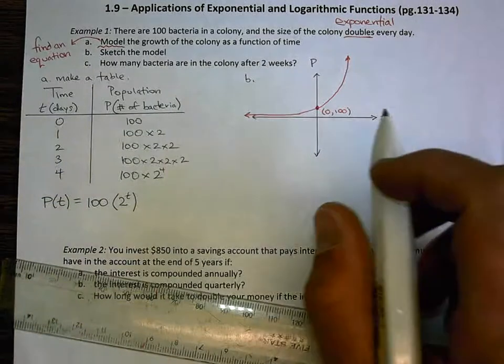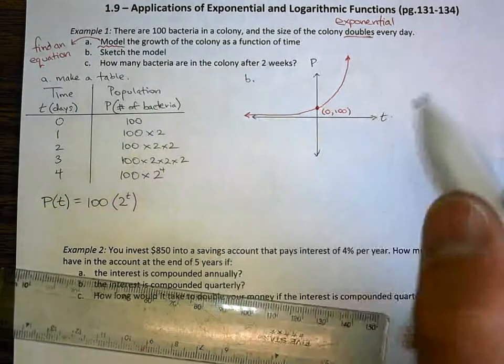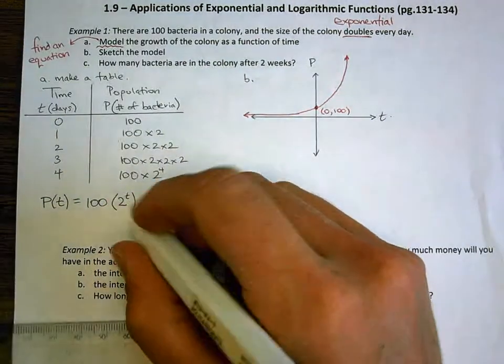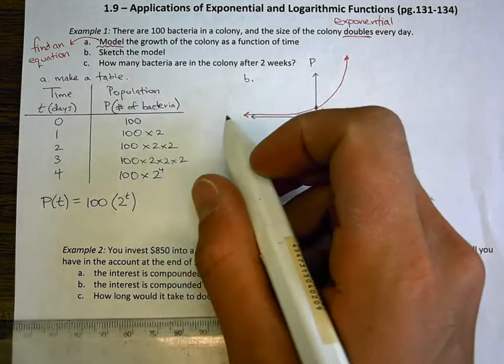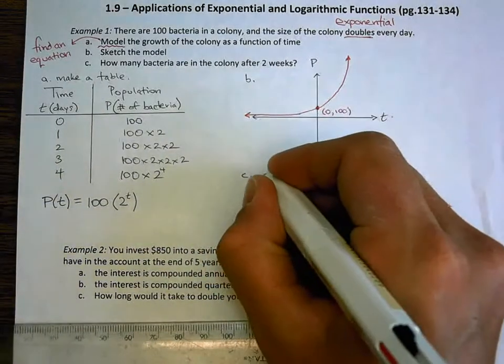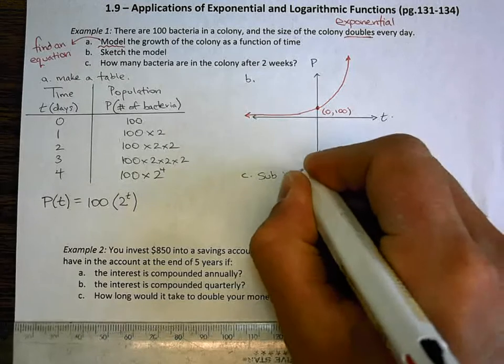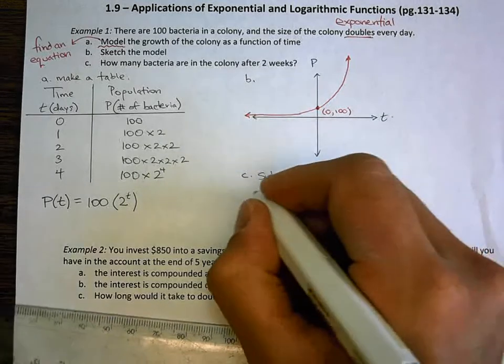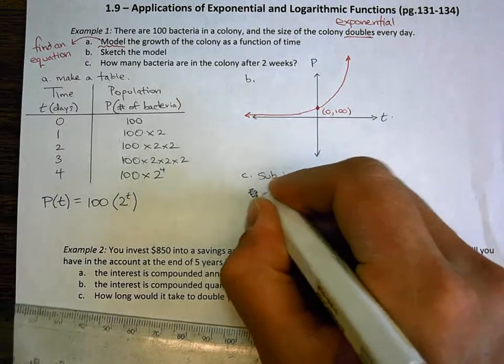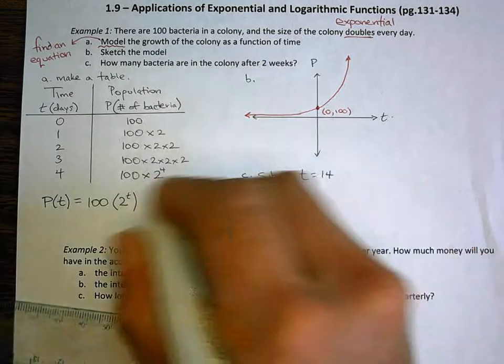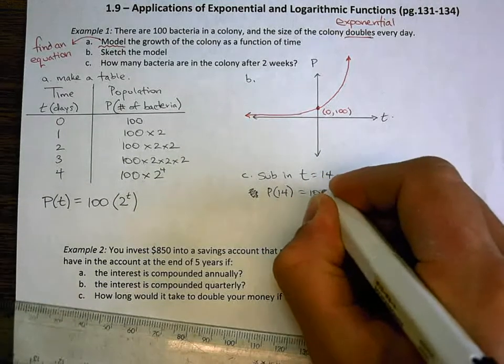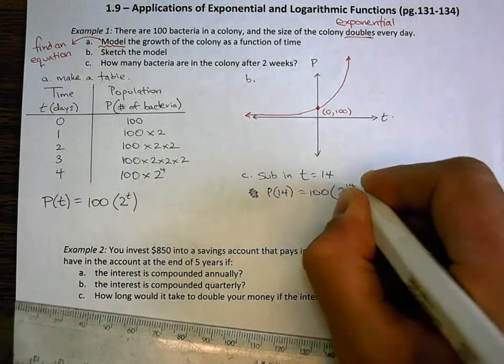Okay, so now how many bacteria in the colony after 2 weeks? Well, now I can use my model to make a prediction. 2 weeks is 14 days, so I'm going to sub in t equals 14. So p at 14 is equal to 100 times 2 to the power of 14.